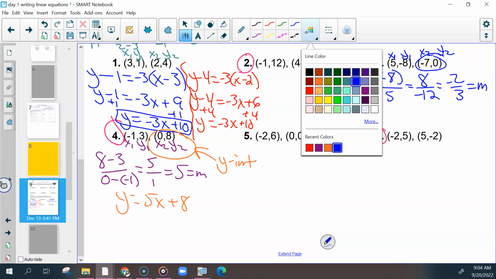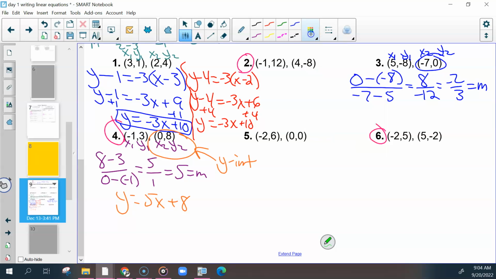So if we are using the negative 7, 0, it's going to help us out a little bit when we put our values in. Because we'll have y minus 0 equals negative 2/3 times x minus 7. The y minus 0 will just become y, and then we just have to worry about distributing.